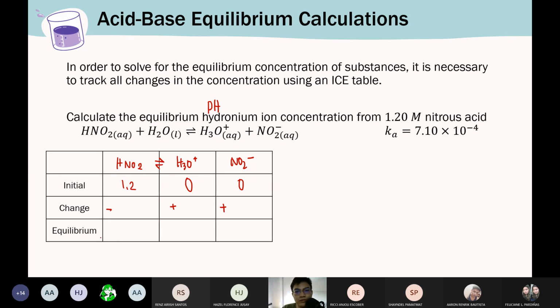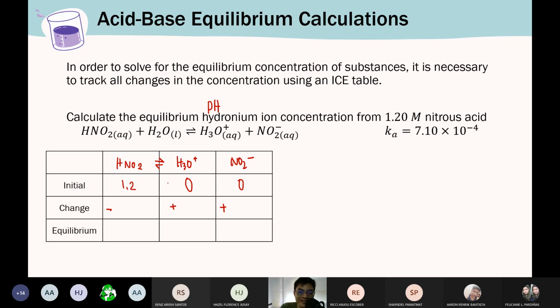By how much will they change? Ang sagot doon, I don't know. Pag tinanong sa inyo, gano'ng karami magbabago?